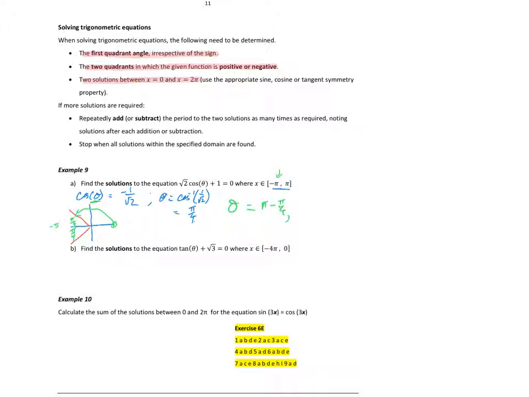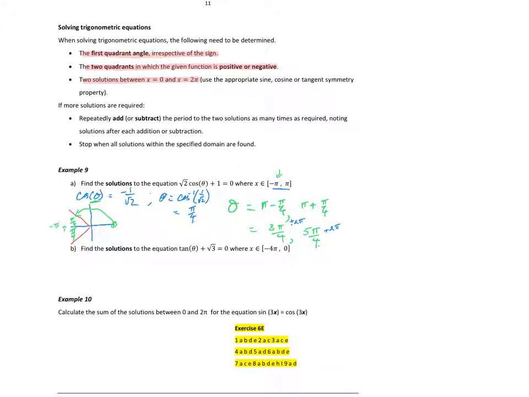The next angle, if that's pi as well, pi plus pi on 4. So that gives me 3 pi on 4 and 5 pi on 4. So now all my other solutions are going to be plus or minus 2 pi from that point there.